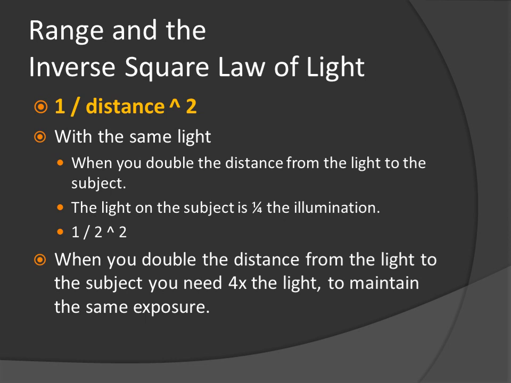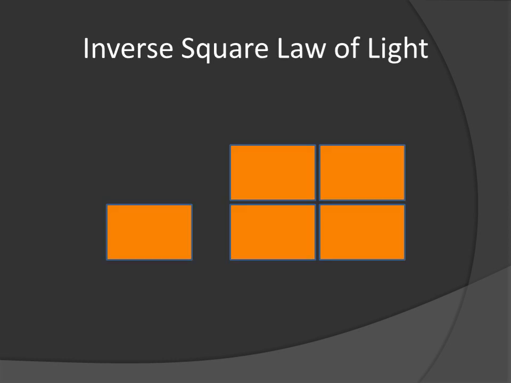So all this may seem a little complicated, so we have this diagram. This is the diagram of the inverse square law of light. When you double the distance, you go from the left box to the right set of boxes. You double the distance, you double both in the horizontal and vertical axis.